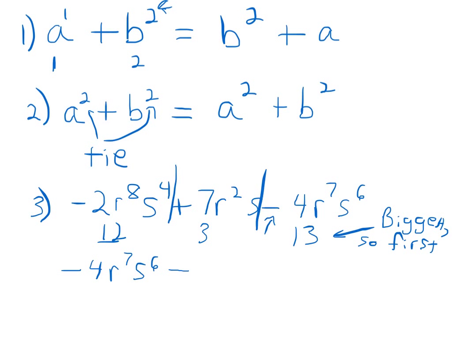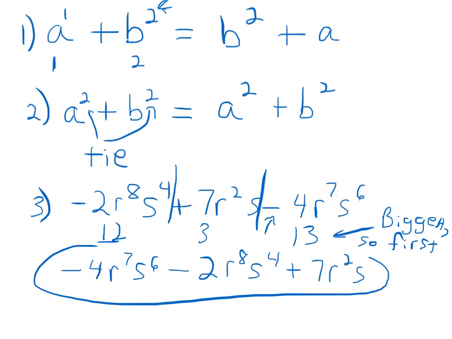Again, a negative and a minus mean the exact same thing. 2, r to the 8th power, s to the 4th power. Okay, and then finally you have the positive 7r squared s. This is in descending order by degree. Okay, and that's what we're always going to go by. Once we get an answer, we got to rewrite it to make sure that it's in the correct order.